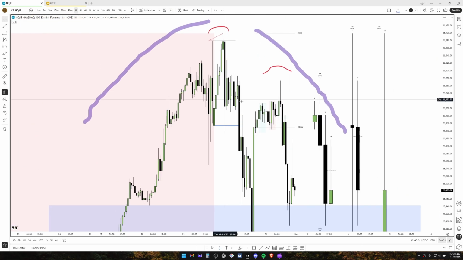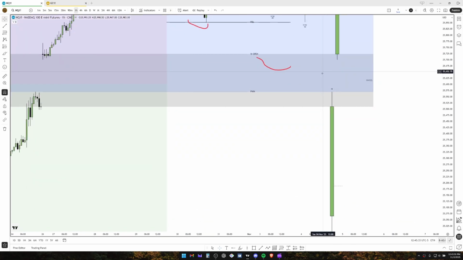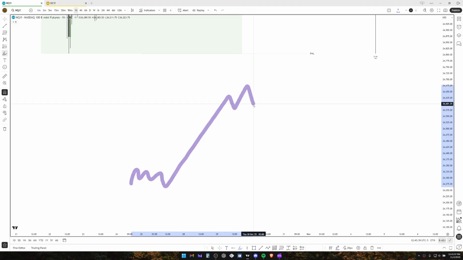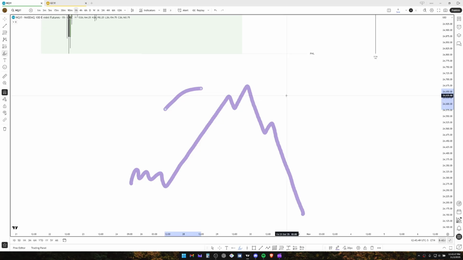Because when you're looking at the market maker model, we're gonna have some type of SMT associated on this side of the curve, and then some type of SMT on this side of the curve. It's showing you the shift.